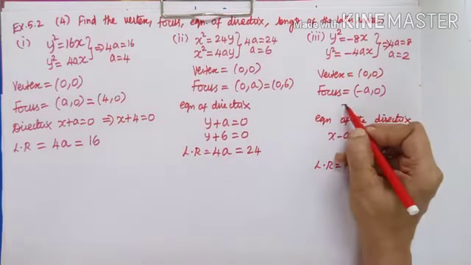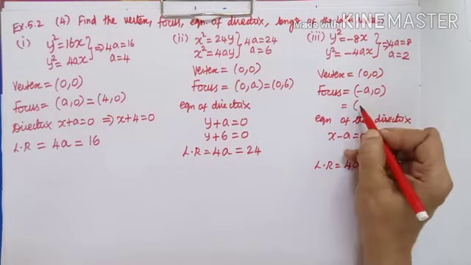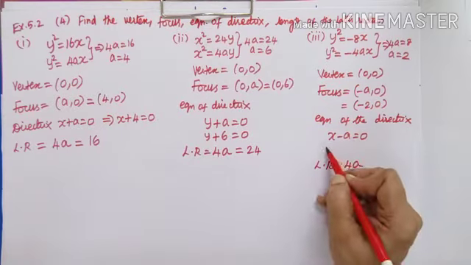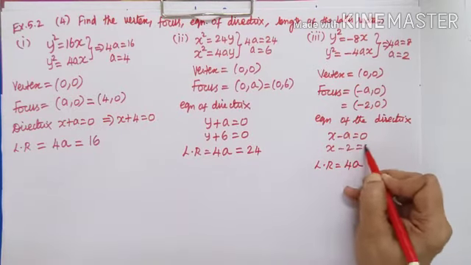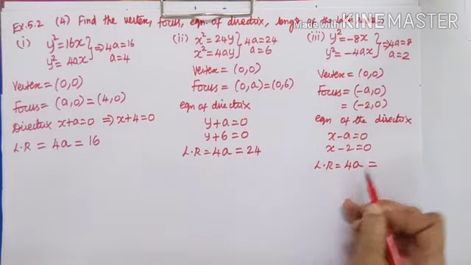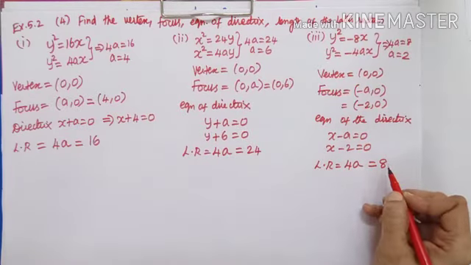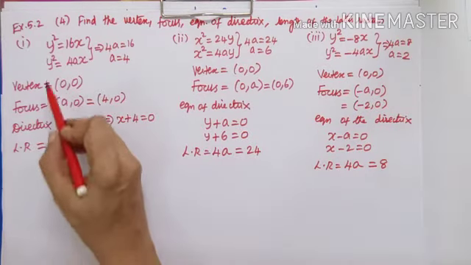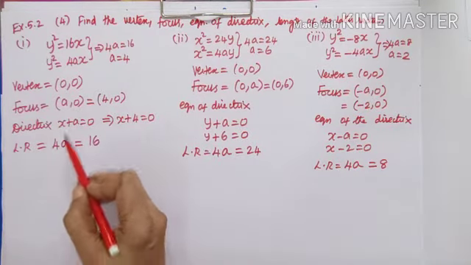So substitute now. Focus value, minus a value is 2 comma 0. Directrix, x minus 2 equal to 0. And latus rectum 4a equals 8. And that is the answer. The very first problem, we'll see how we apply the formula.